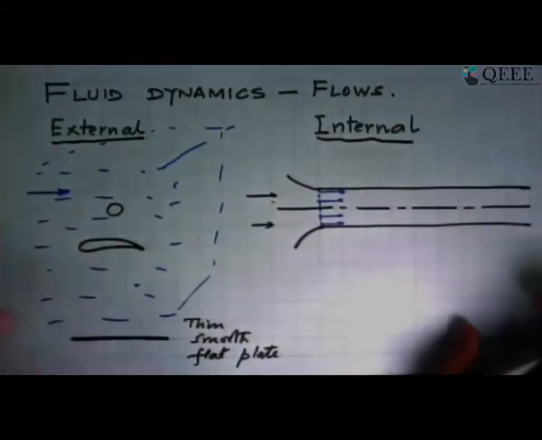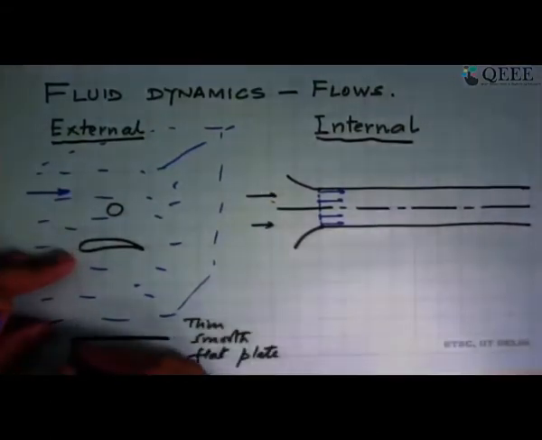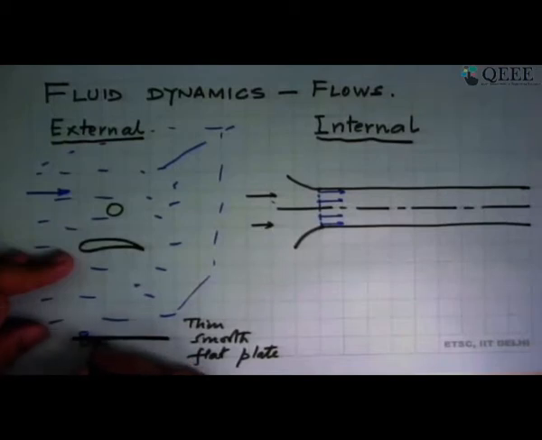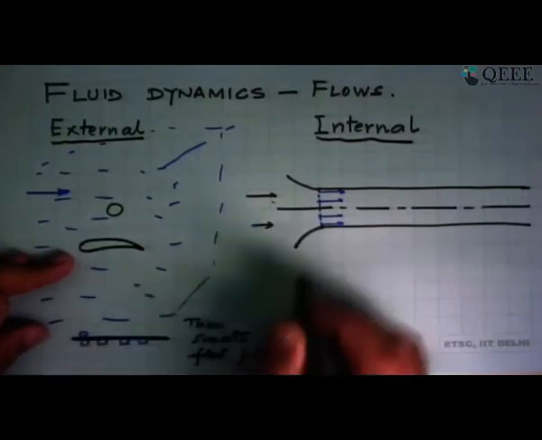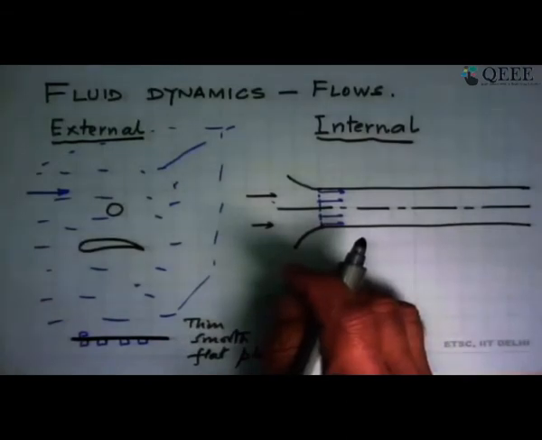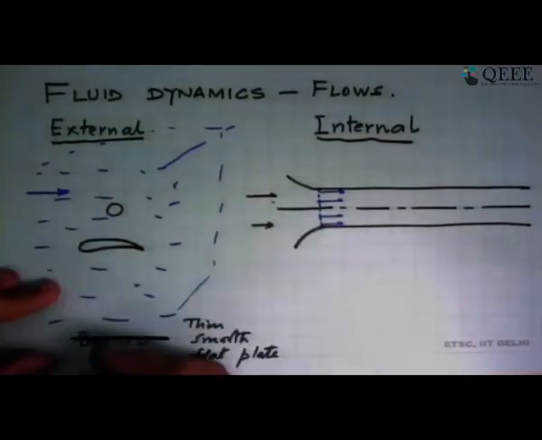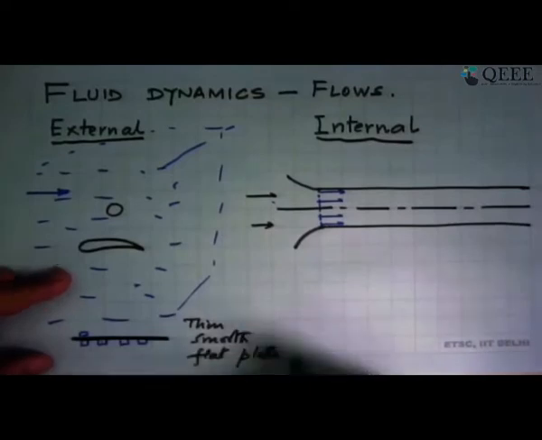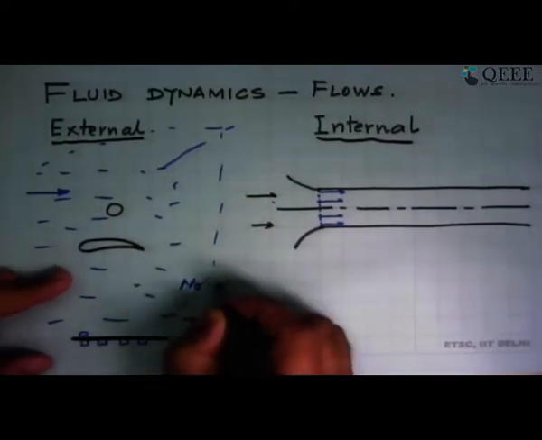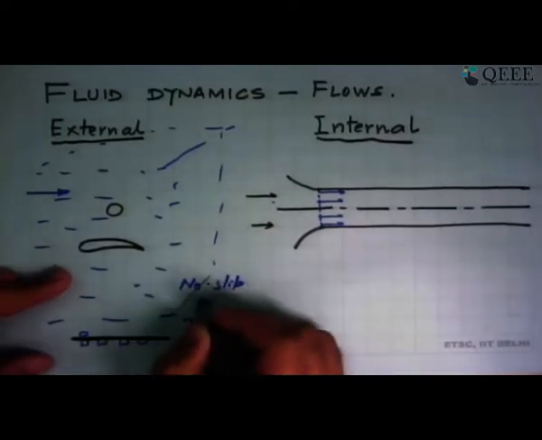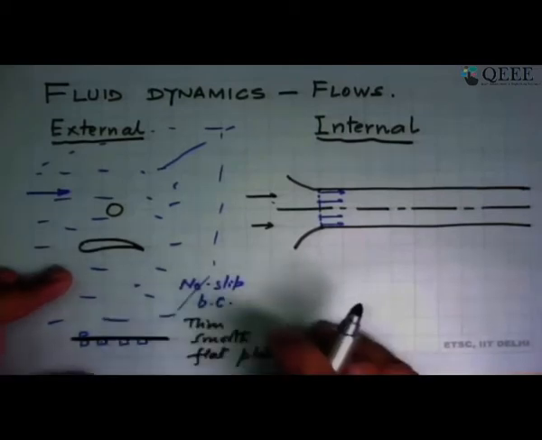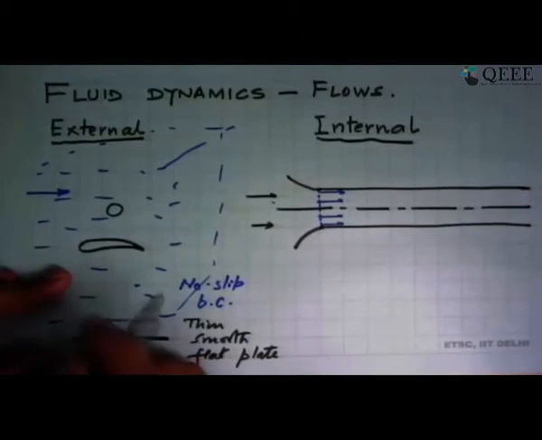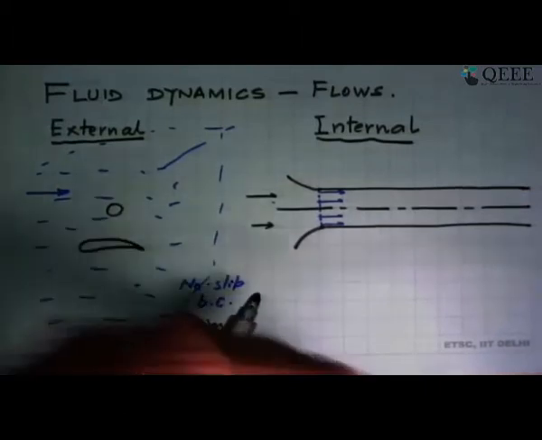The hydrodynamics tells us that in this case, the fluid right adjacent to this plate is in a way stuck to the surface. So it has the same velocity as the surface. And this is what we call the no slip boundary condition. The next fluid element moving here is going to slide over it.